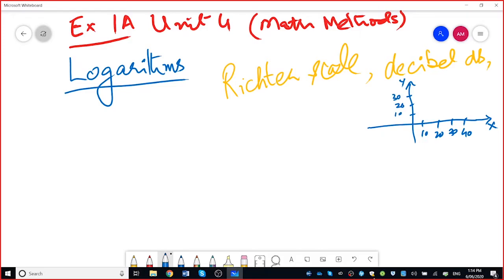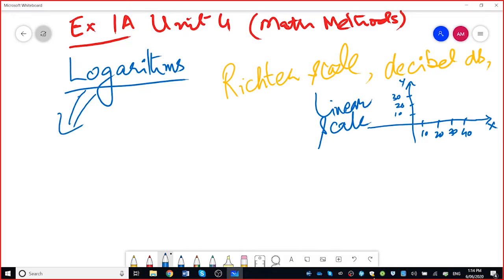But they are linear scales. The problem is once there is a huge variation, for example in case of earthquakes, you will not be able to plot them. So this is a linear scale which I have just shown, and logarithm brings you a non-linear scale.